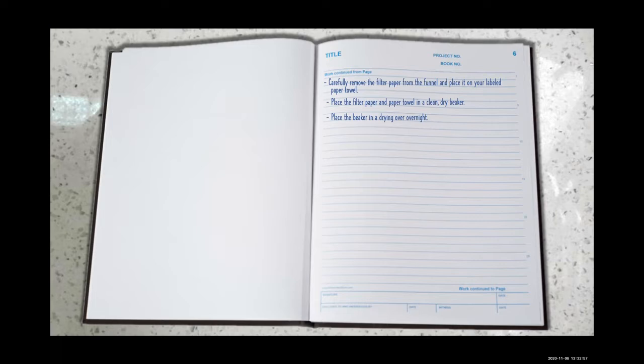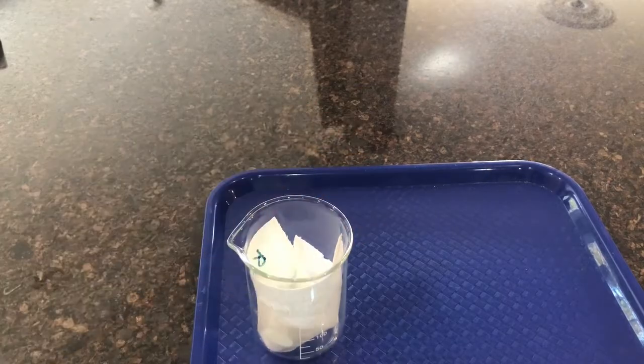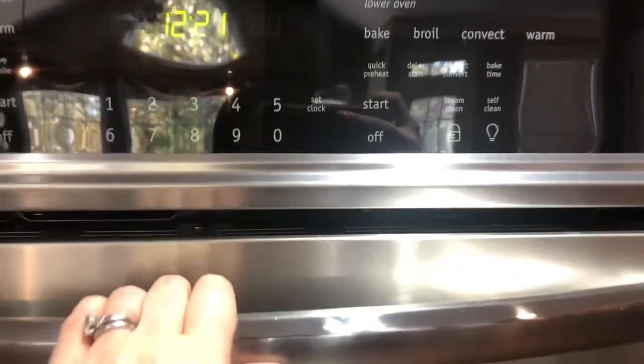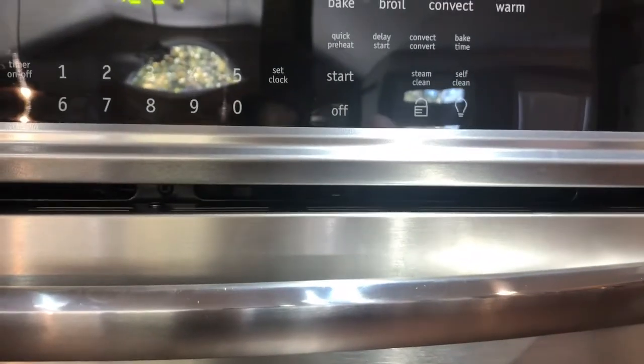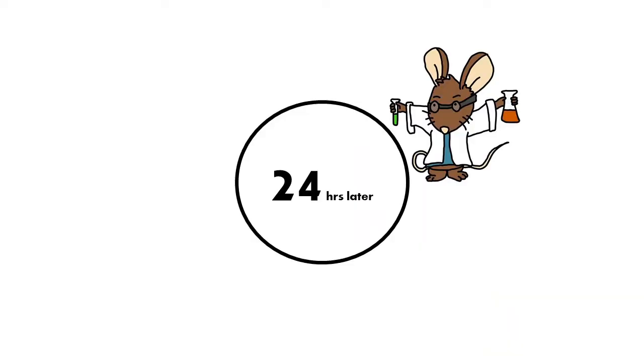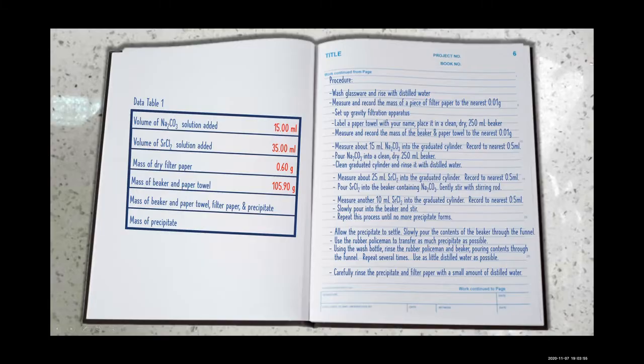For our purposes, we will use a normal household oven and leave the light on. We'll be sure that the door stays closed, no heat, just light. Record the mass of the beaker, paper towel, filter paper, and precipitate.